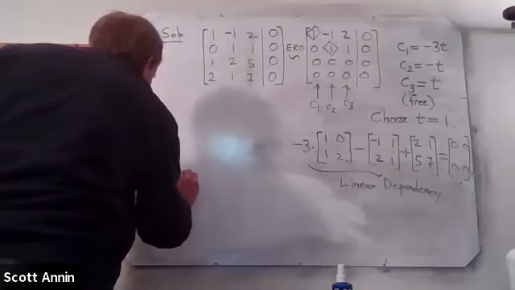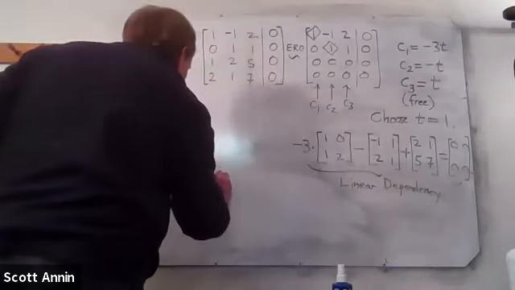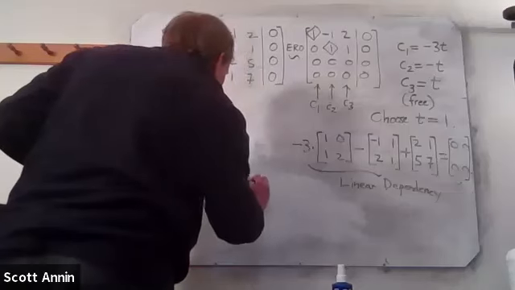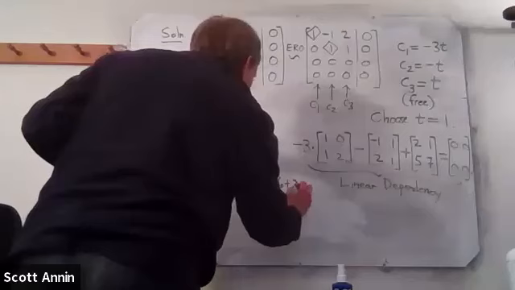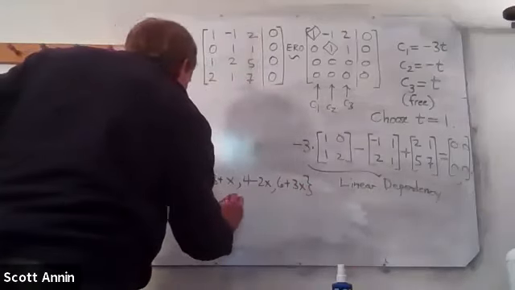So here's the example. Is the set 3 plus x, comma 4 minus 2x, comma 6 plus 3x, LI or LD?